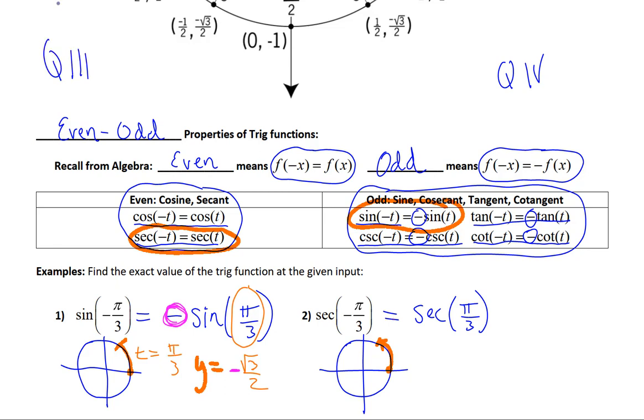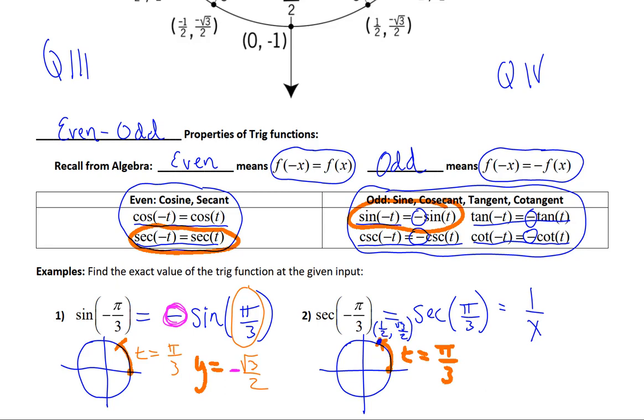We have a t value of pi over 3, and then the secant value there, let's recall, secant would be 1 over x, which means we want 1 over the x coordinate of that terminal point. Well, the terminal point where pi over 3 stops in quadrant 1 would be (1/2, root 3 over 2).